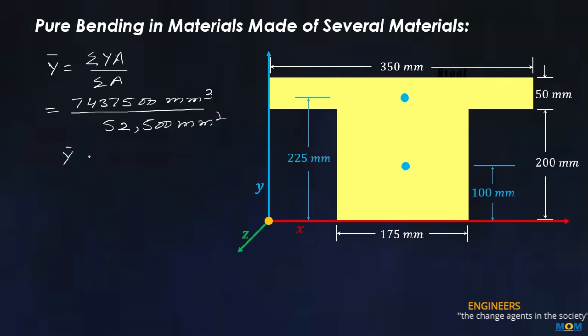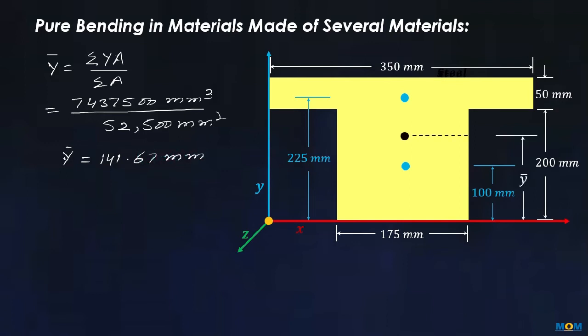So the centroid is 141.67 millimeter. So in this figure we can see this is the overall centroid of the beam.